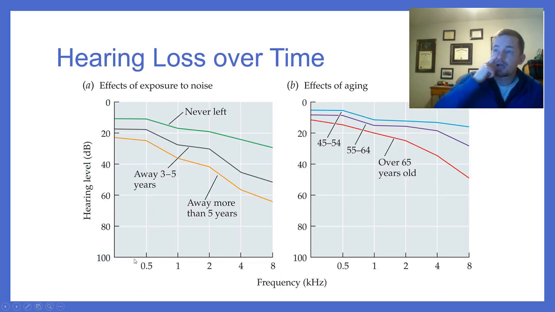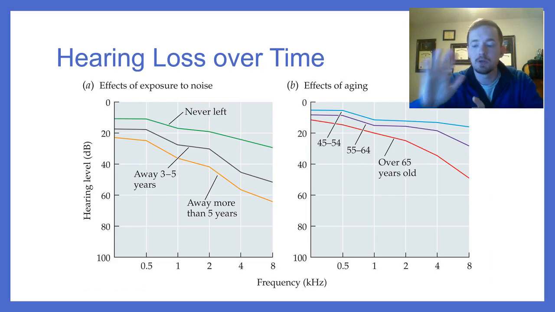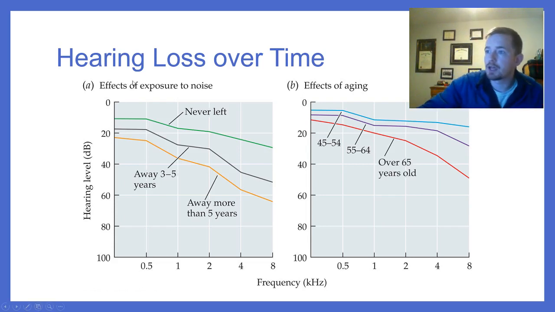Here we're looking at a fascinating study that was done looking at people who lived in an isolated island environment versus people who lived in an industrialized society. What you're looking at right here is the effects of exposure to noise.